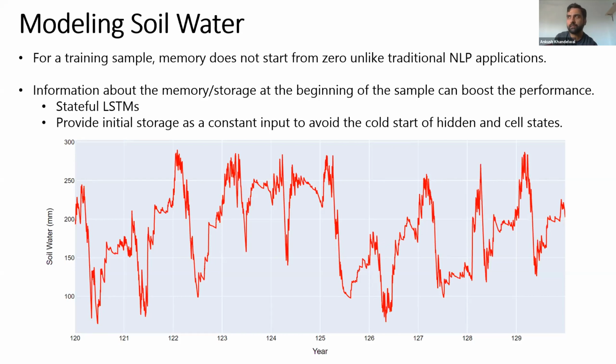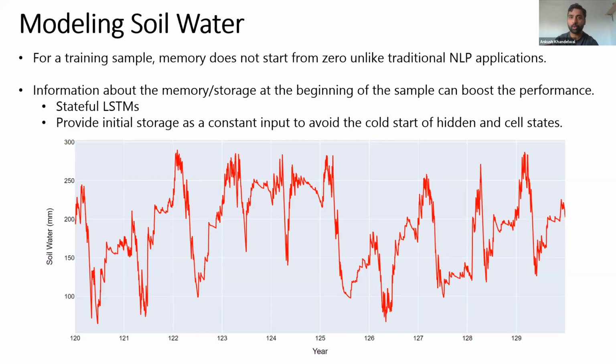So, I think what I'm understanding from the question is that a poor modeling of soil water can negatively impact our performance in modeling stream flow. It definitely can happen, but we haven't analyzed it that thoroughly yet.